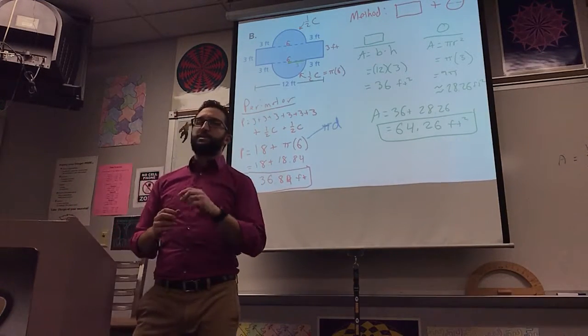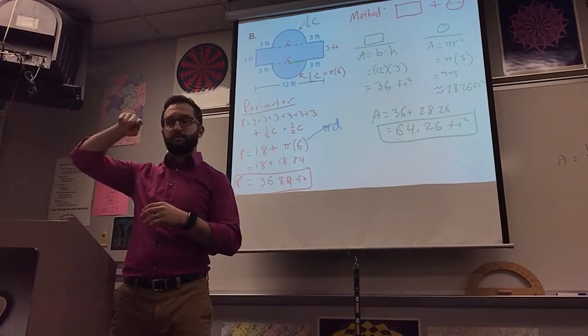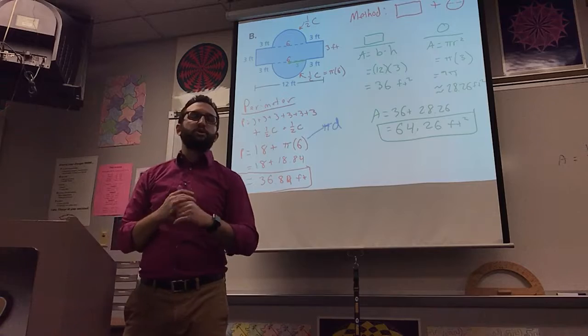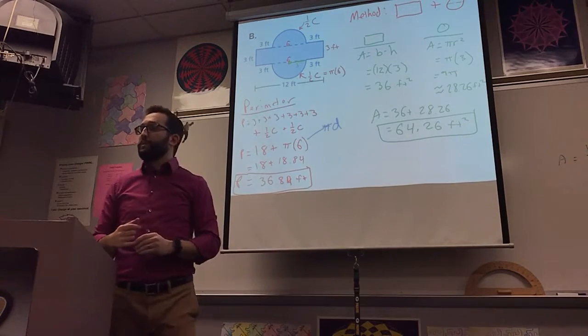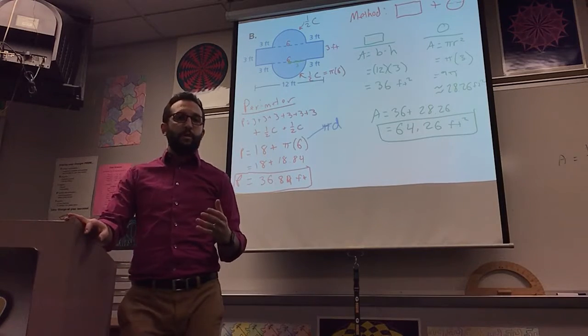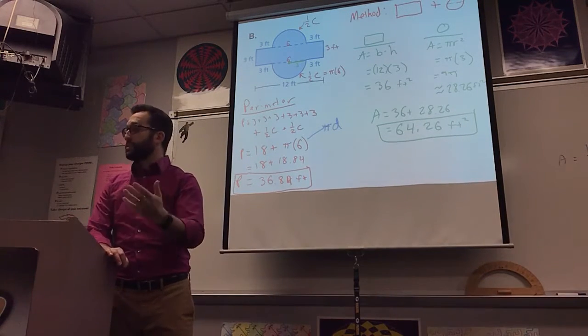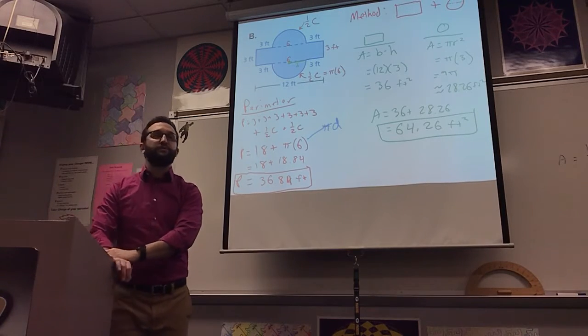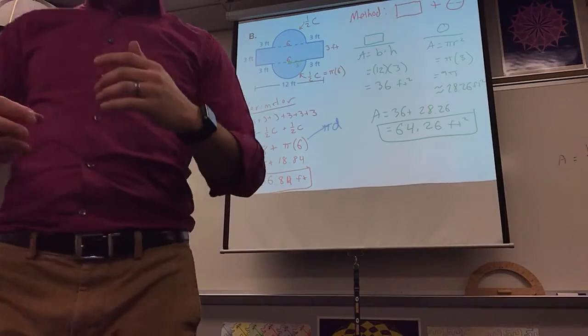One of the big pieces that we often forget is how to find the curved piece of a semicircle. Remember, the curved piece of a semicircle is half the circumference. There will be some problems on your homework where you're given half the circumference, and you'll actually have to find half the circumference. So make sure you reference the book if you need, or reference your notes.